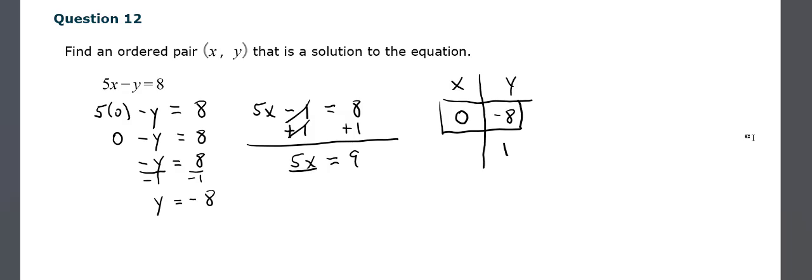And then divide by the coefficient. So x would equal 9/5. So that would also be a solution to the equation. There's an infinite number of possibilities. So you choose whatever you want for x or y and solve for the other.